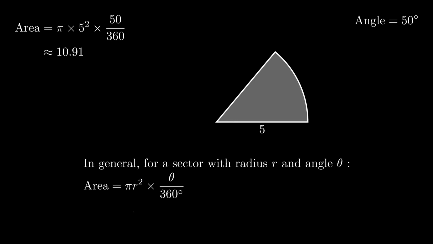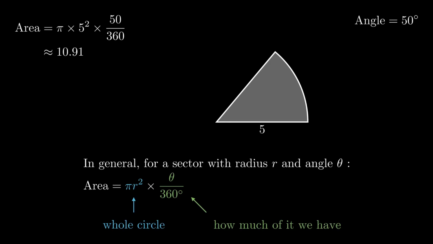The reason for that is because pi r squared gives you the area of the whole circle, and theta over 360 gives you what fraction of the circle you've got. When we started with a quarter circle, that was easy, but if you have some other angle, that's how much of the circle you've got out of the full 360.